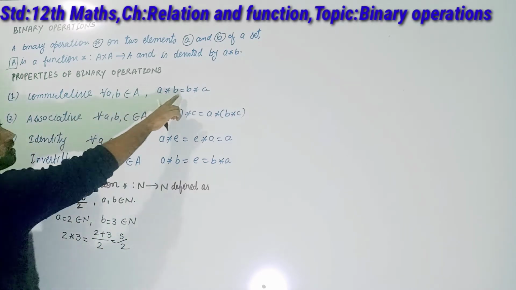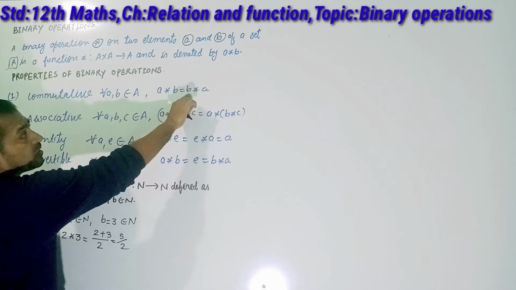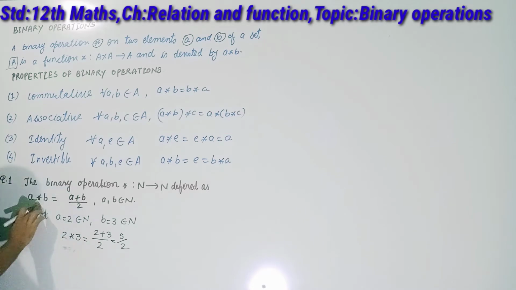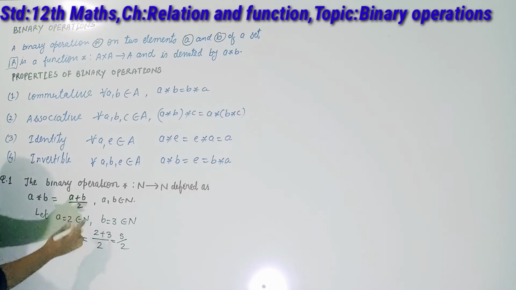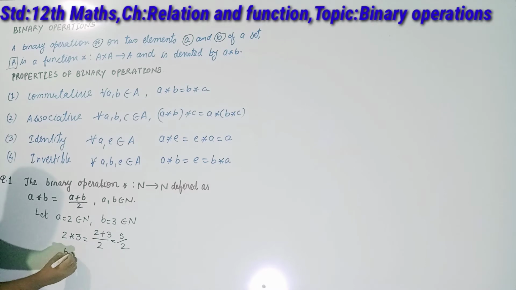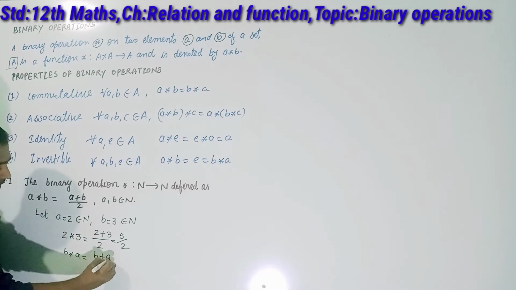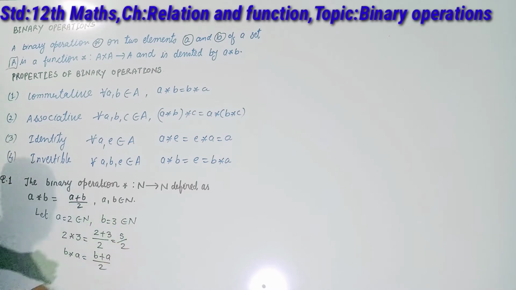Similarly, we will find B star A. According to this, A star B is equal to (A plus B) by 2, so B star A will be (B plus A) by 2. Right students?